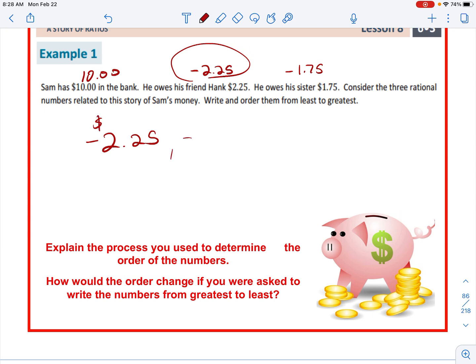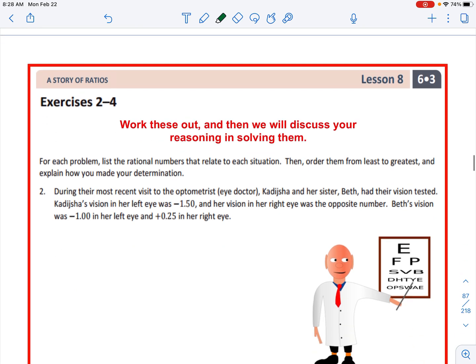And then we have -$1.75. And then we have $10, how much he has in the bank. Okay, remember, the first two were negative. They're on the left side of 0 on a number line. Okay, $10 is obviously positive.